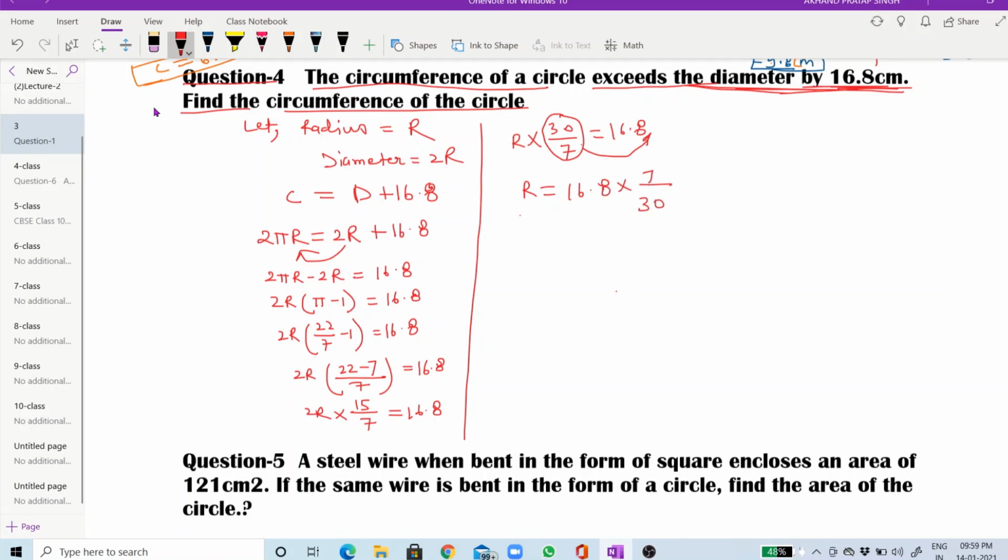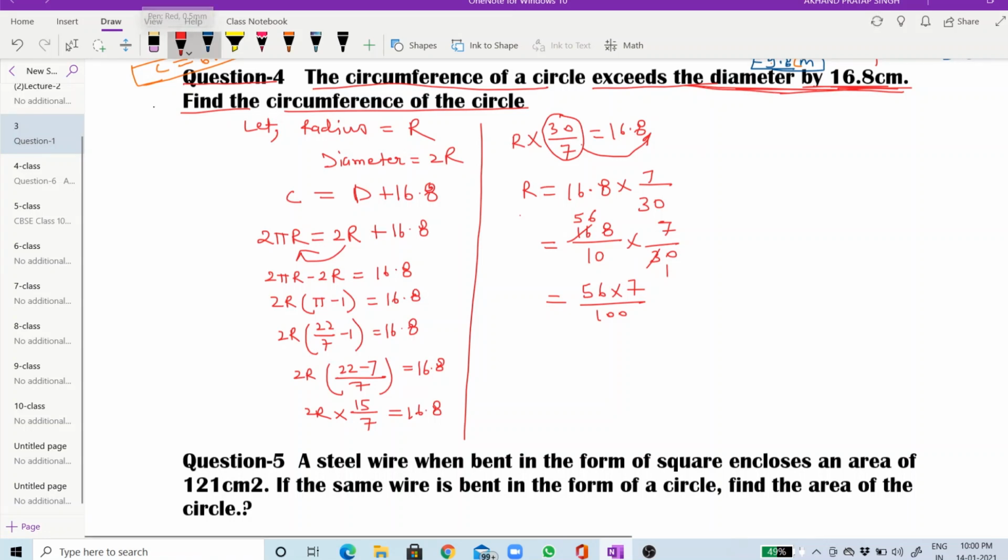So if you remove the decimal here, it will be 168 upon 10 into 7 upon 30. 3 1s are 3 and 3 5s are 15, 1 remaining, 1 and 8 18, 3 6s are 18. So it becomes 56 into 7 upon 10.